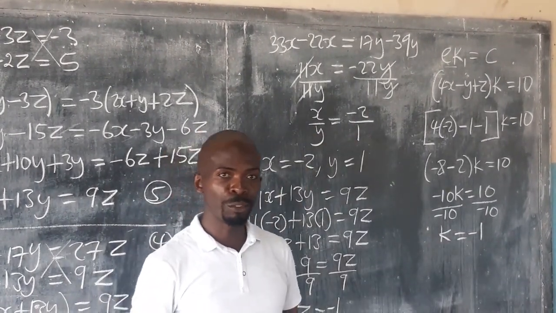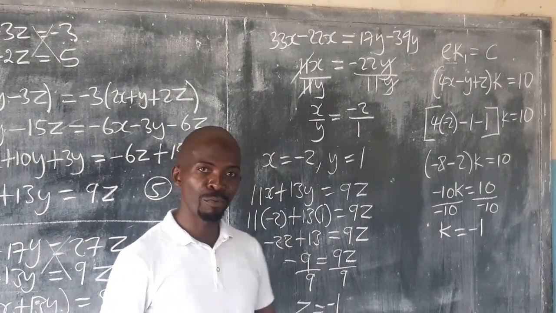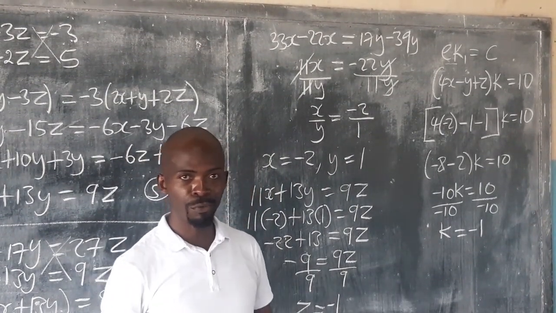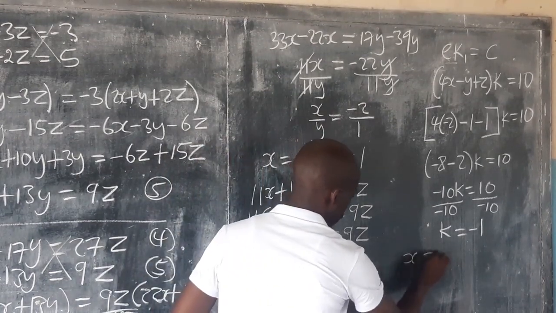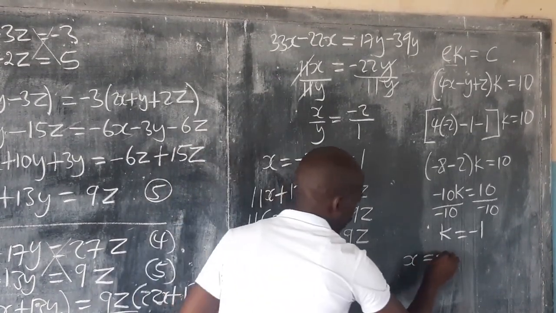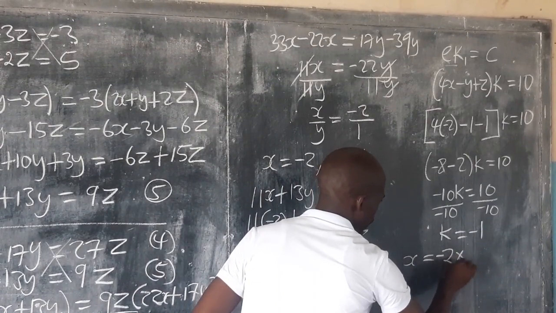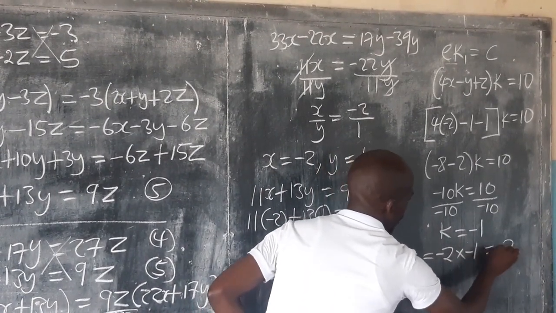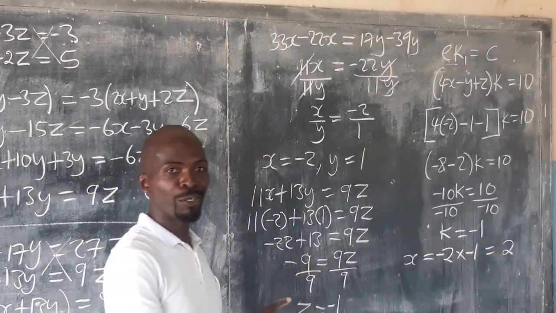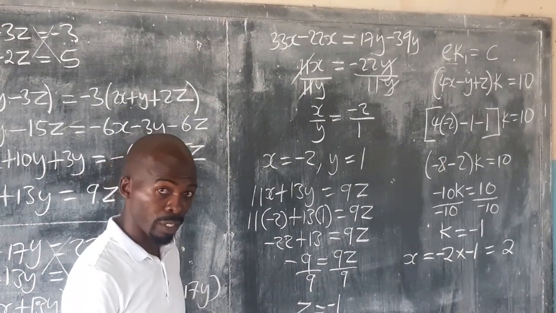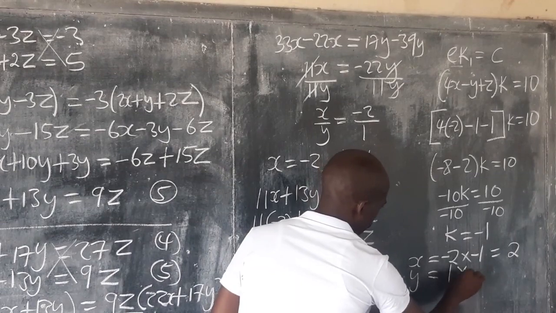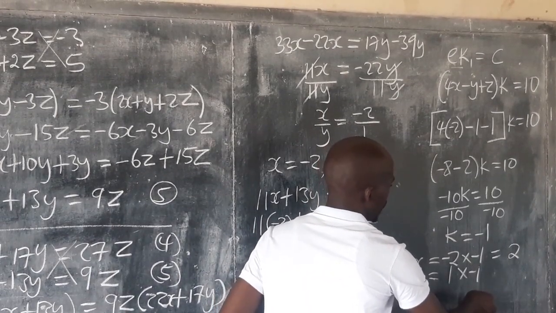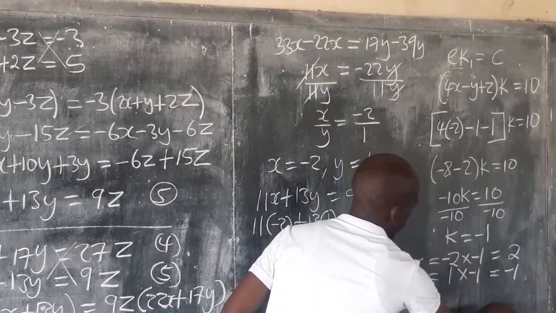So we need to multiply all the critical values by the value of k to find the true solutions. First, x will be equal to negative 2, the critical value for x, times negative 1, which gives us positive 2. That's the final value and true solution for x. Then y will be equal to positive 1 times negative 1, the scalar, equal to negative 1.